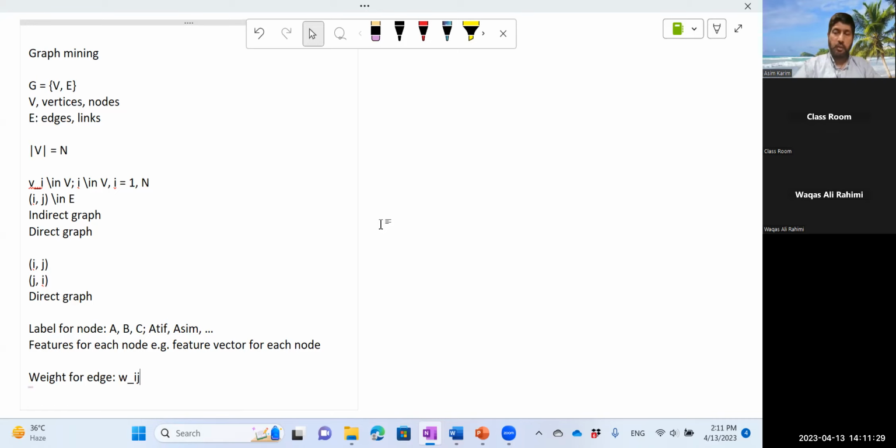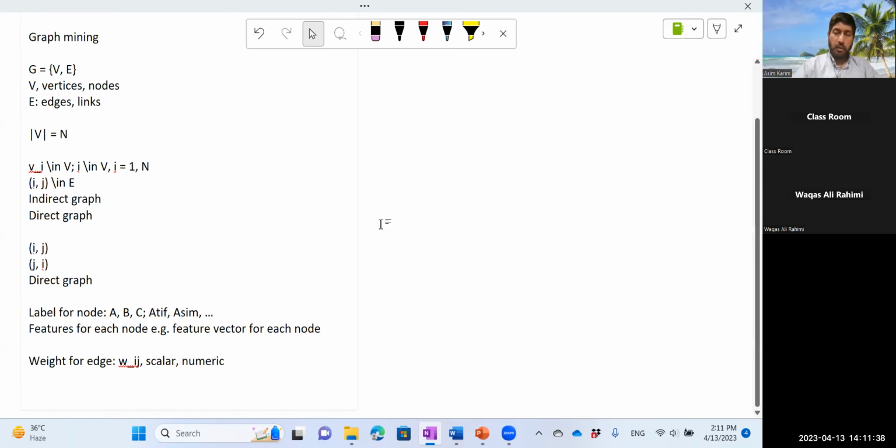Weight is usually a scalar, and usually it's numeric. But again, in general, you can have features associated with an edge. So this again can be a feature vector. If you want more description to be associated with the edge, you can have a feature vector describing it.